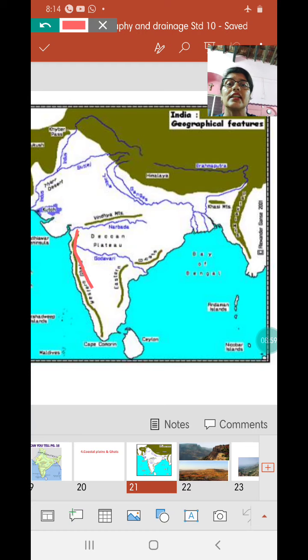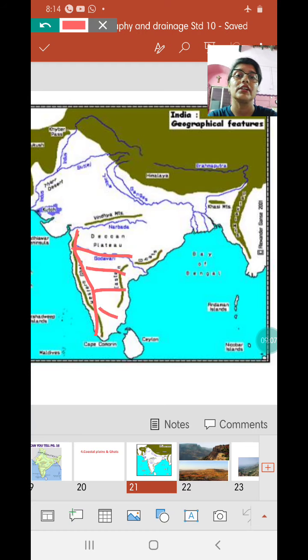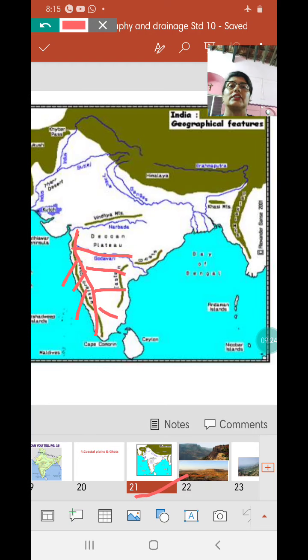The Western Ghats act as a major water divide because it's from here that most of our east flowing rivers and few of our swift west flowing rivers originate. On the other hand, there are no major rivers originating in the Eastern Ghats. In fact, the Eastern Ghats have been eroded because of these east flowing rivers.